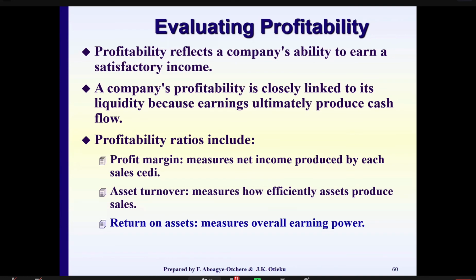When we look at the gross profit margin, we are looking at the proportion of the revenue which is retained to help defray or cover expenses and the retention of net profits.